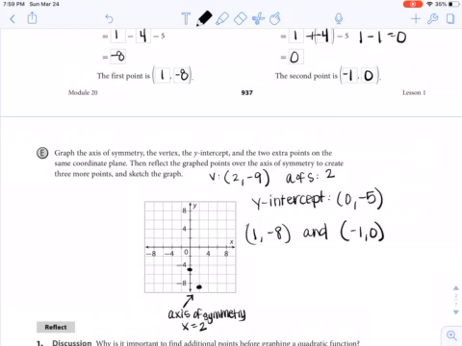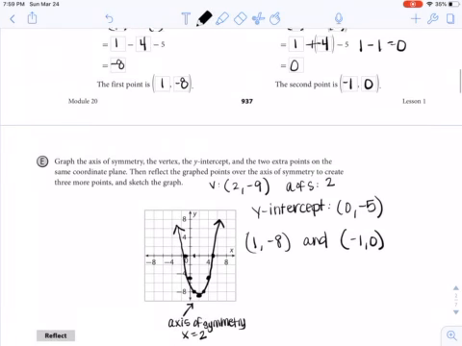And I just plotted that at 2, negative 8, and so I'm going to go to 1, which is here, and negative 8. So we're going to be about here. I'm going to go to negative 1, which is about here, 0. And I know because it's symmetrical, I'm going to have a point here, I'm going to have a point here, and I'm going to have a point here. And I'm going to be able to connect those and graph my function.